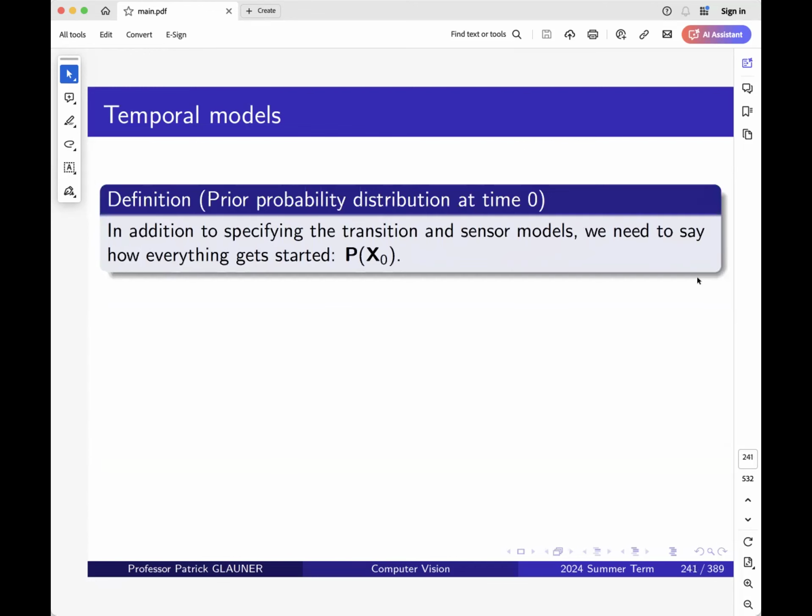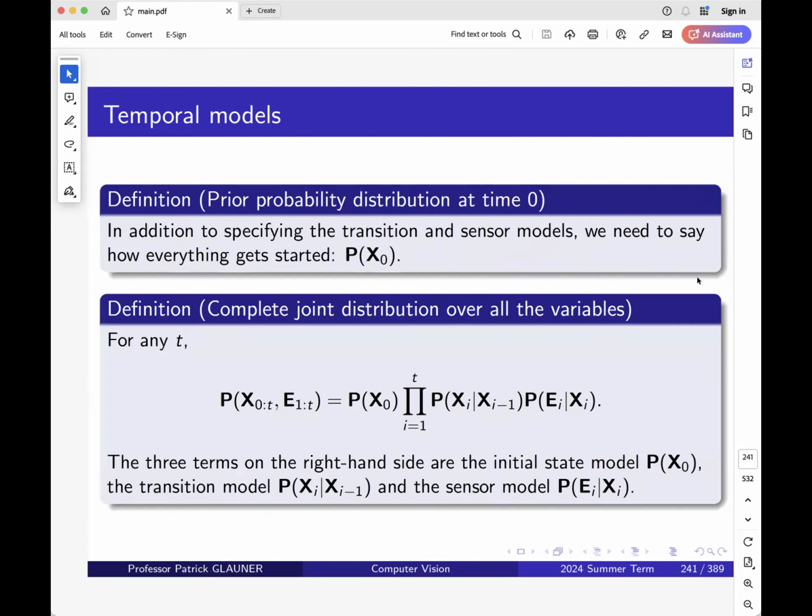And we can describe all of this through the complete joint distribution over all the states. So based on that graphical model, we want the joint distribution of the states from 0 to t. It starts with 0 because we have the prior distribution, and the evidence comes in as of time click 1. That's something I noted last time.